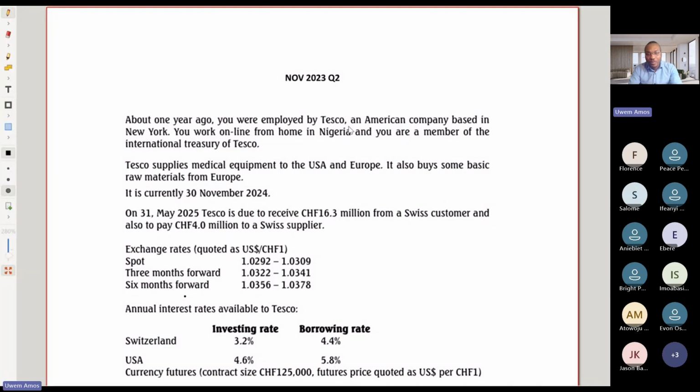And just a quick recap of what we would achieve with this topic and why we're doing this topic. So let's spend a few minutes, say 5-10 minutes, to do just a high-level overview of currency risk.